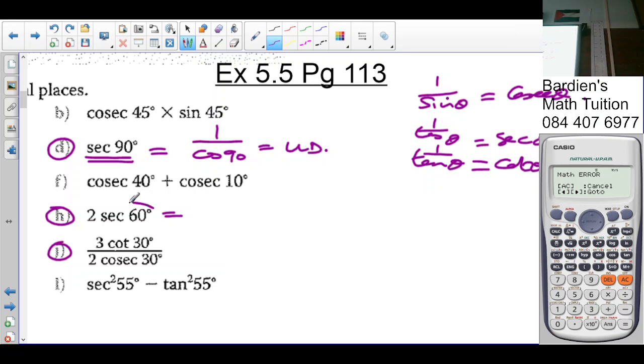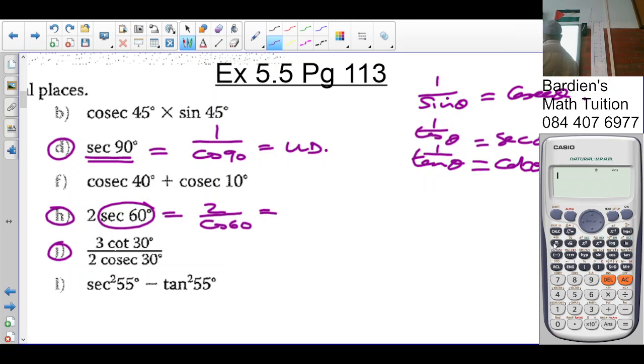But sec is 1 over cos, so only the sec goes down to the denominator, becoming cos. That's the issue. So you put that in the calculator. That would simply be 2 over cos 60. Should be 4.